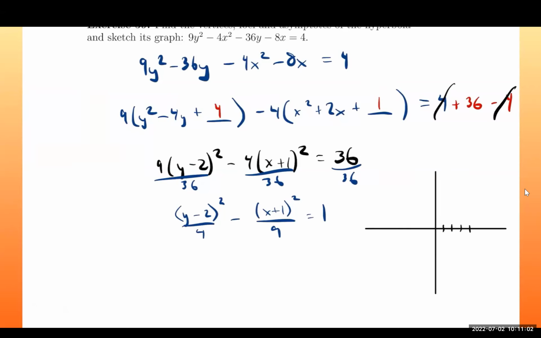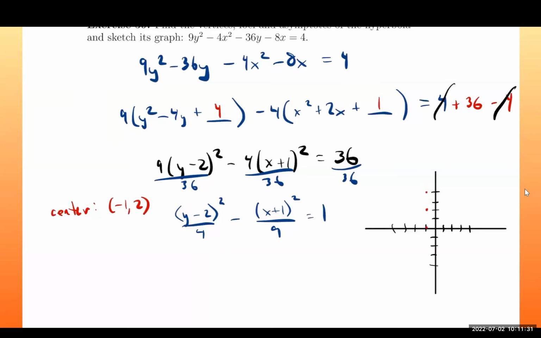The center would be negative 1, comma, 2. So that's going to be right there. That's our center.